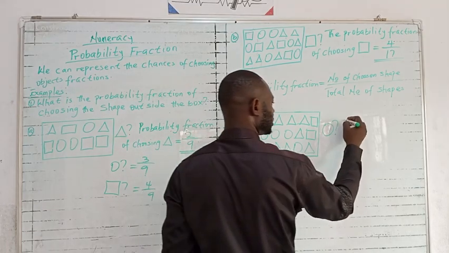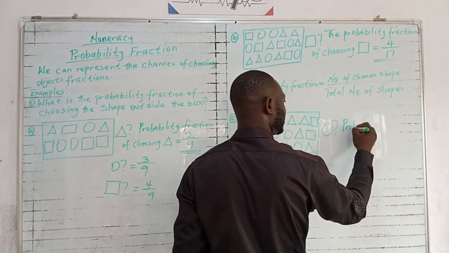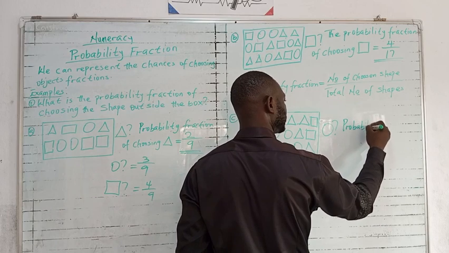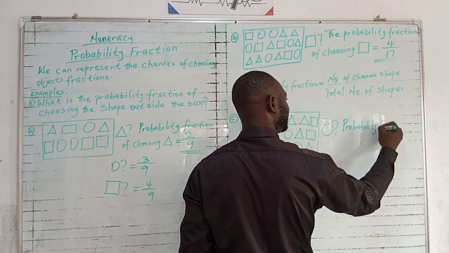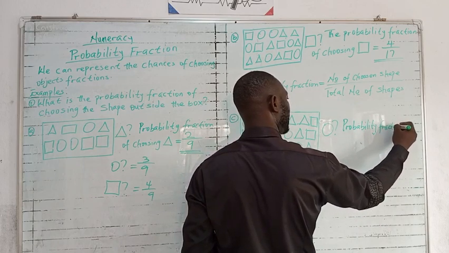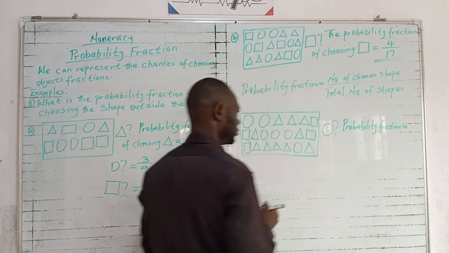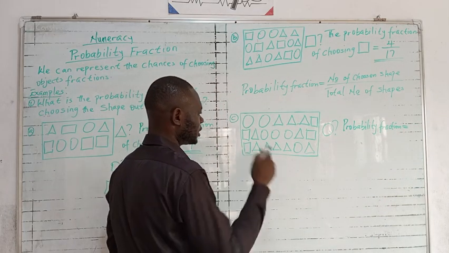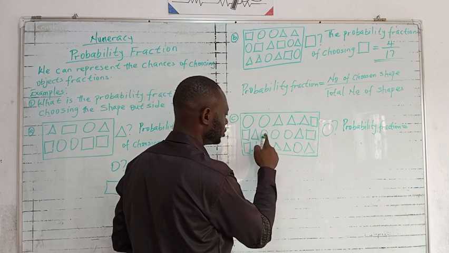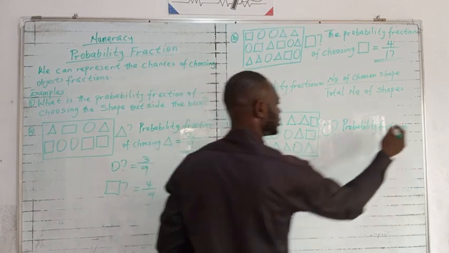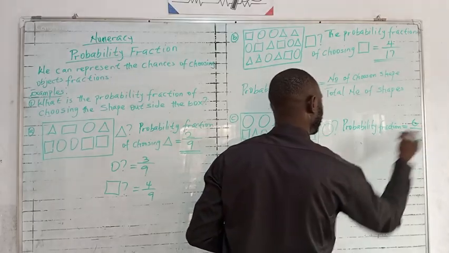So here we can say that probability fraction equals, what is the number of circles? Let's count. 1, 2, 3, 4, 5, 6. So I have 6 over.